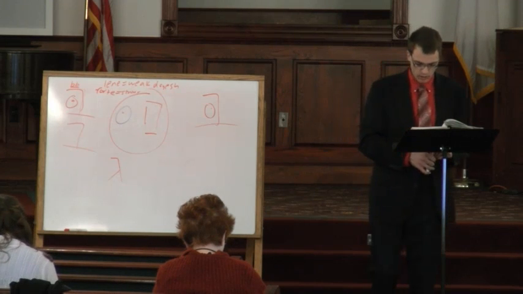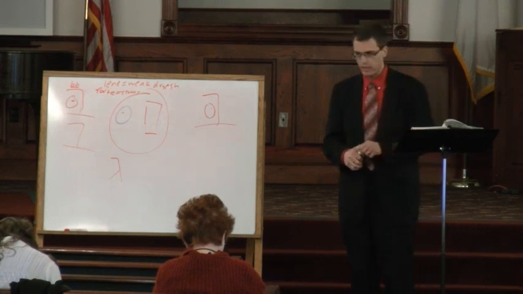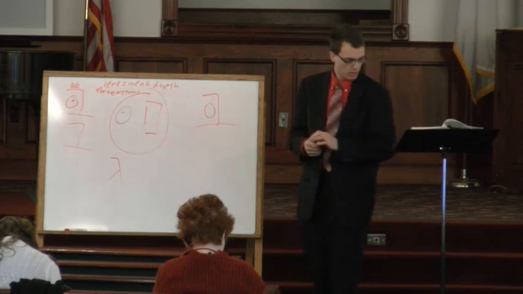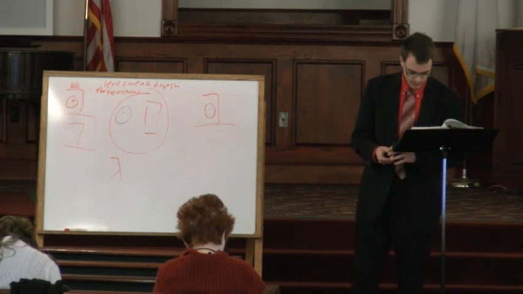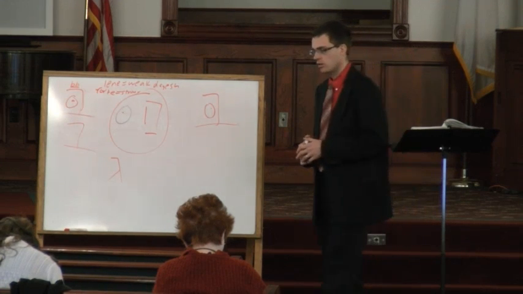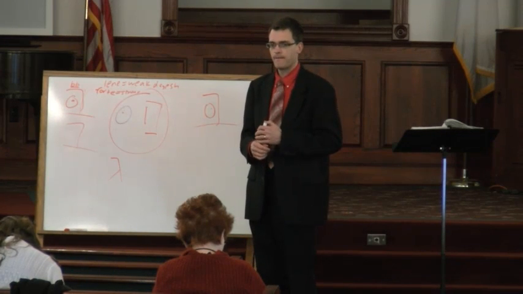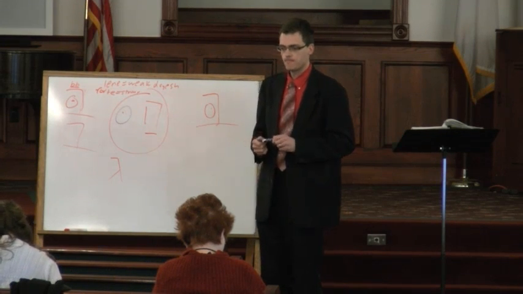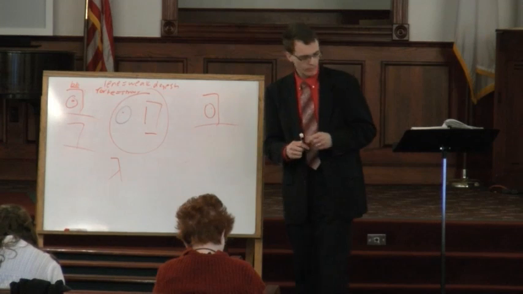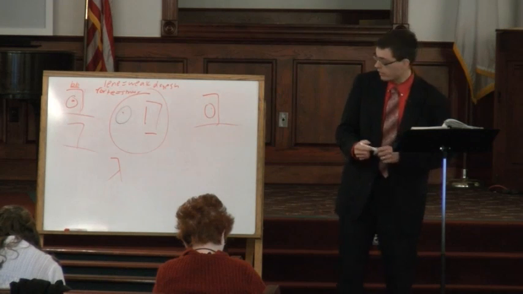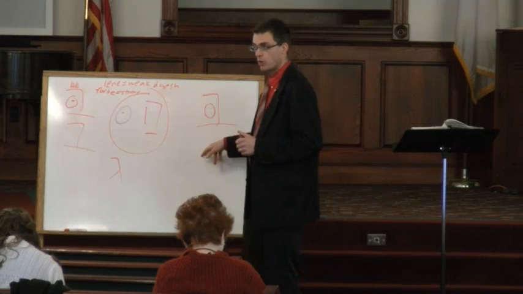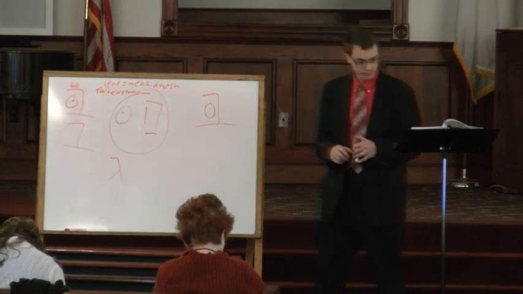And look at the vowel underneath the preposition. What is the vowel in "to a king" versus "to the king"? What's the difference? The sheva is in "to a king." Good. A king has the sheva. What does the king have?